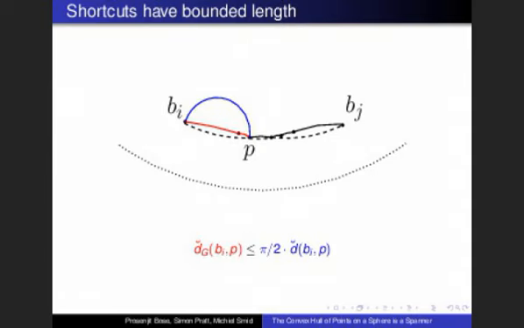And if you add all of those up, it turns out that they're all bounded by a circle like this. So any such shortcut path is bounded by pi over 2 times the distance between the endpoints on your subpath.